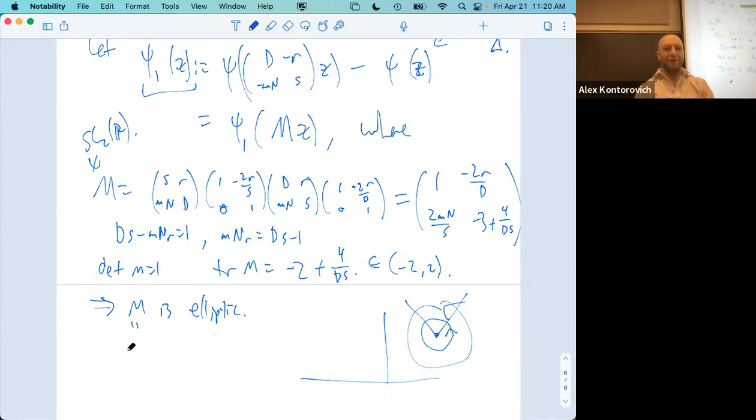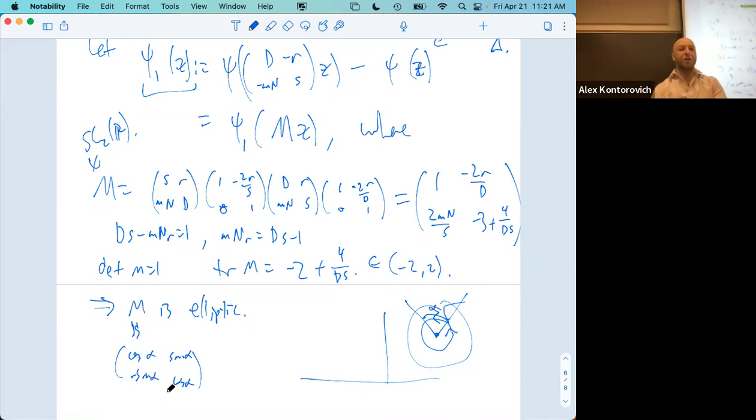So if the eigenvalues of M are, well, they're complex numbers. M is conjugate to some cosine alpha, sine alpha, negative sine alpha, cosine alpha. So M acts as rotation by alpha, or 2 alpha or something, right?